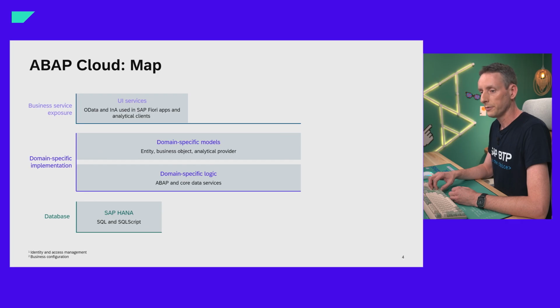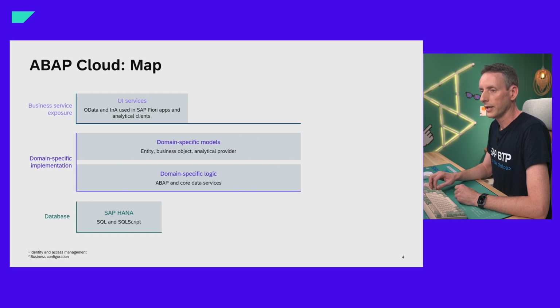If we look at the ABAP Cloud map, we start from the bottom where the data resides in the SAP HANA database, and on top of it we have the domain-specific implementation. That means we are following a model-driven approach where your business logic and your modeling takes place. For the modeling aspect, we use the core data services and use ABAP for the transactionally enabled processing.